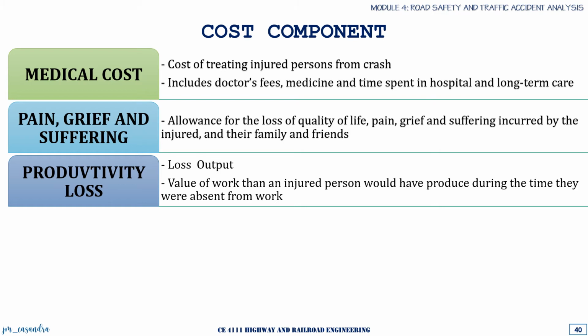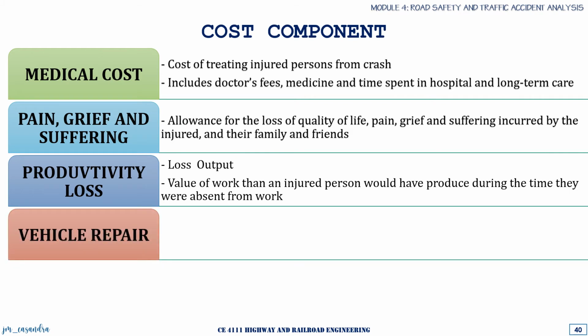So for example, a certain person E was involved in an accident and he has to recover for 3 days. In those 3 days, the company and himself have lost 3 days' worth of money or of work. So that is included in what we call productivity loss.